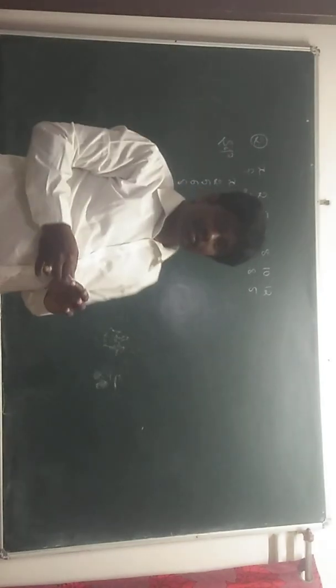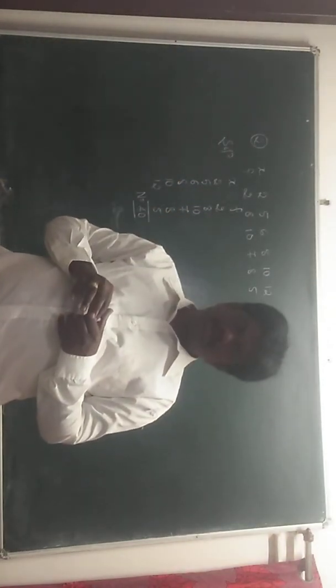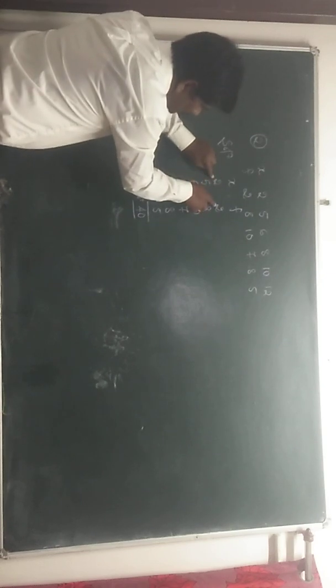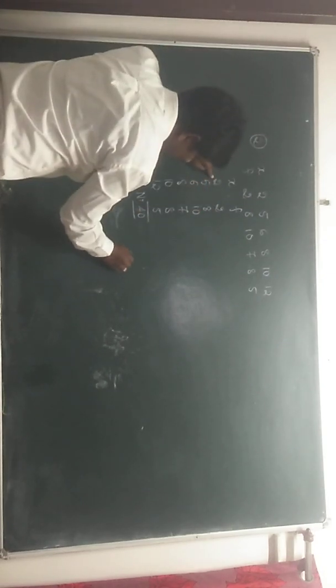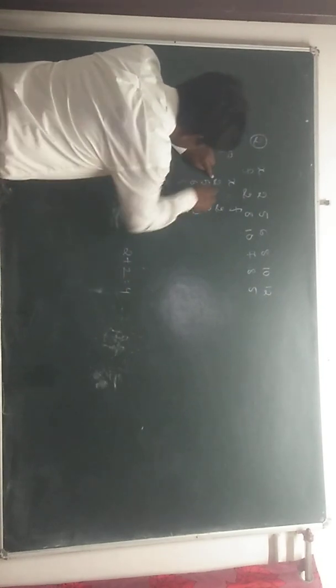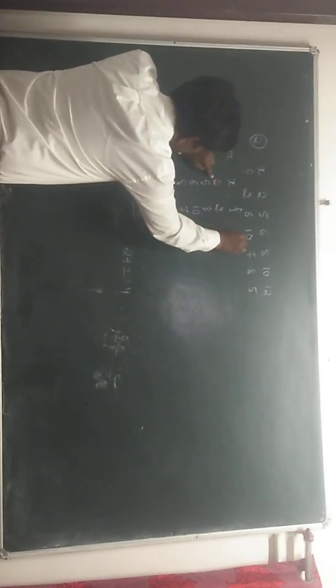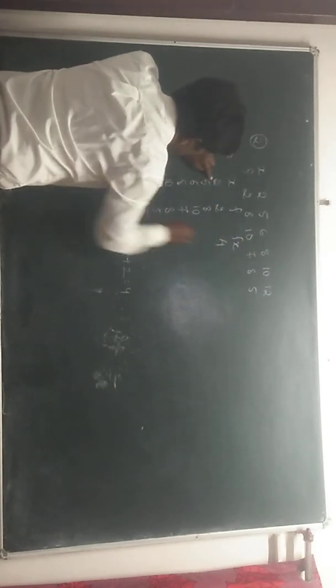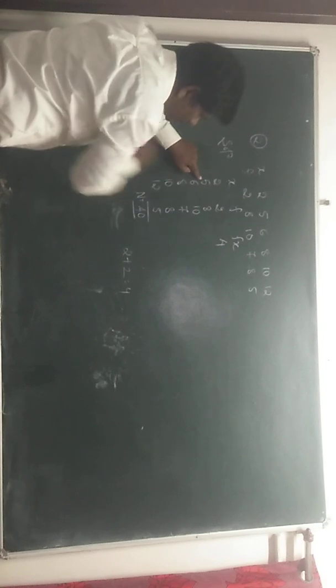Now we want the sum of the scores, right? To get the sum of the scores, see, we know that 2 is repeated 2 times. That means 2 plus 2 is equal to 4. So instead of adding them, we can easily multiply them. So f into x, 2 plus 2 is 4. And we know that 5 is repeated 8 times.